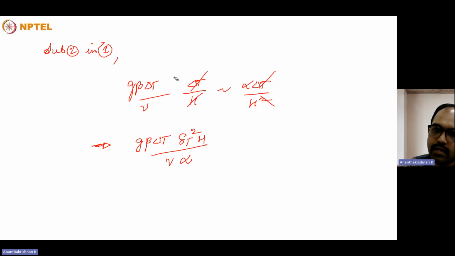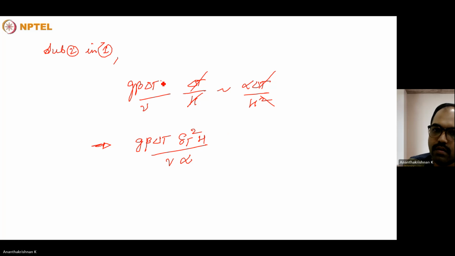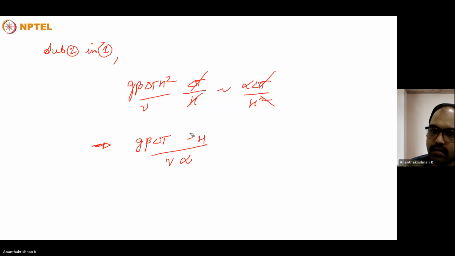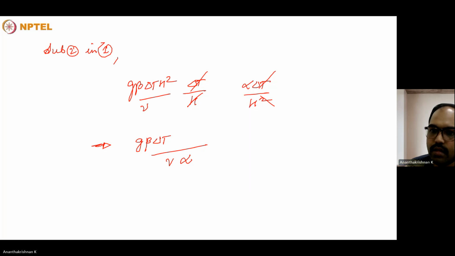So this will not be delta t squared, this will be h squared, and this will be h cubed, and this is less than this one. So this h cubed term should be less than 1.